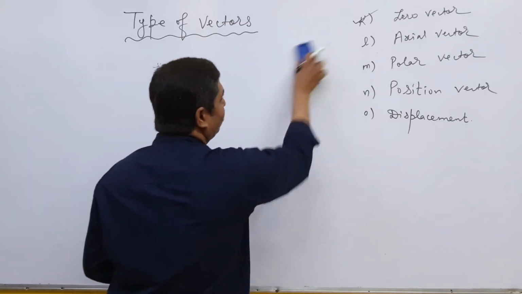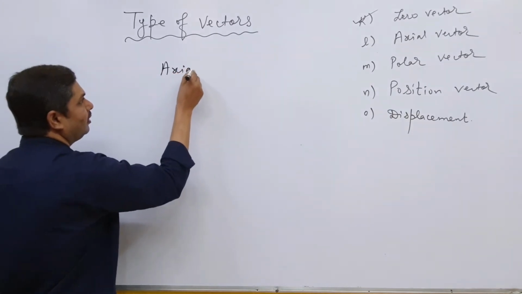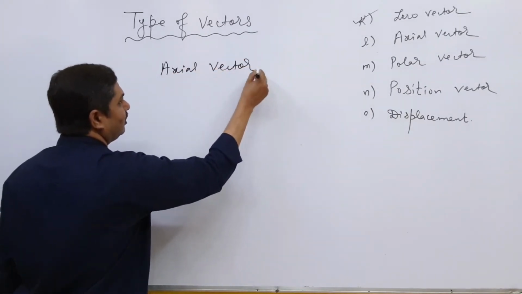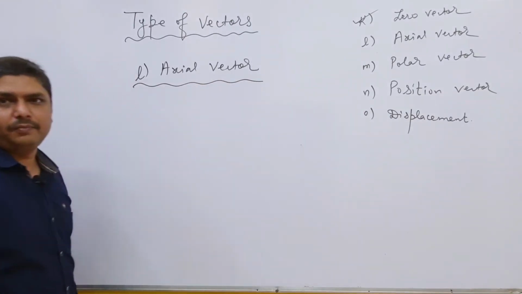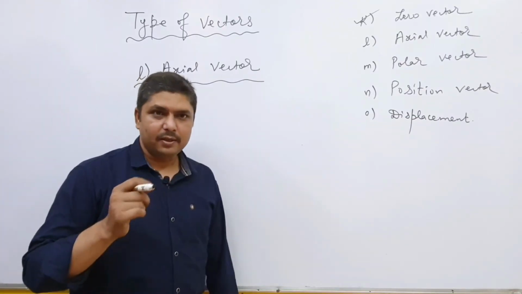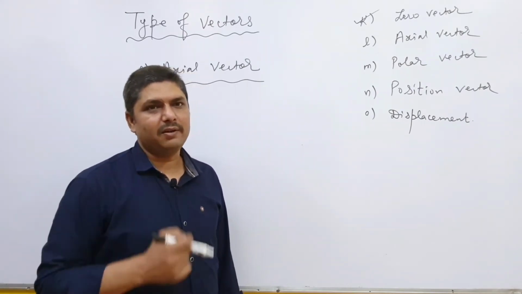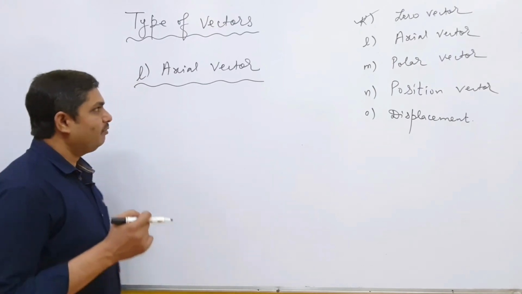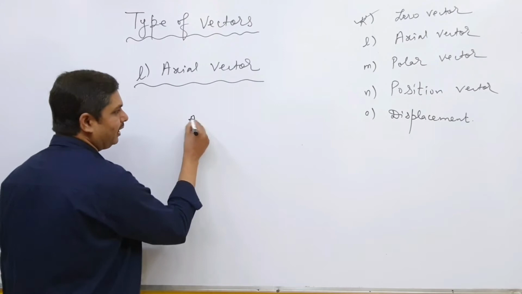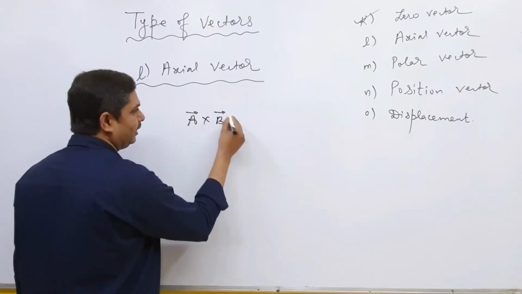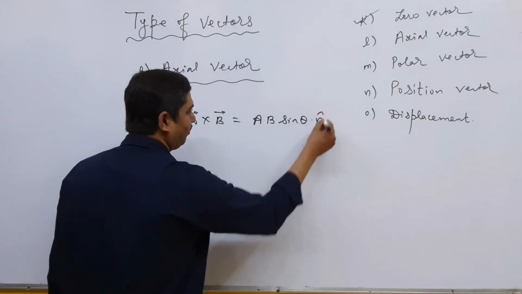Next you are going to learn the axial vector. When a vector plays a rotational effect, it is said to be an axial vector. Example: when you learned the cross product of vectors, A cross B equals AB sin theta n cap.